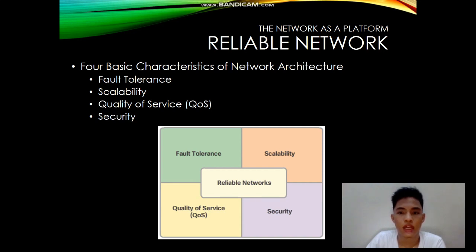Scalability is being flexible, or what we call being versatile. Quality of service is the ability to provide quality service to the customers, and security is to secure the usage of the network.